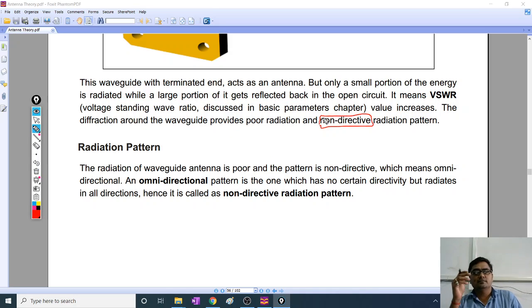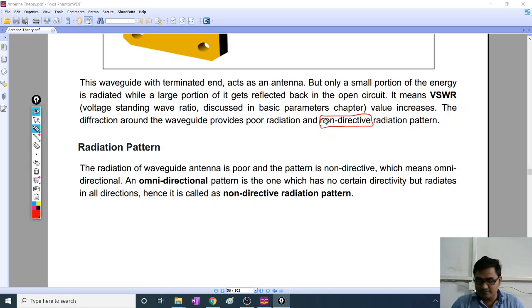Non-directive means this waveguide will never radiate a signal in a particular direction. So when the signal comes out of that waveguide mouth, the terminal or the end of the waveguide, the RF wave will spread around. It will not be directed to a particular direction.